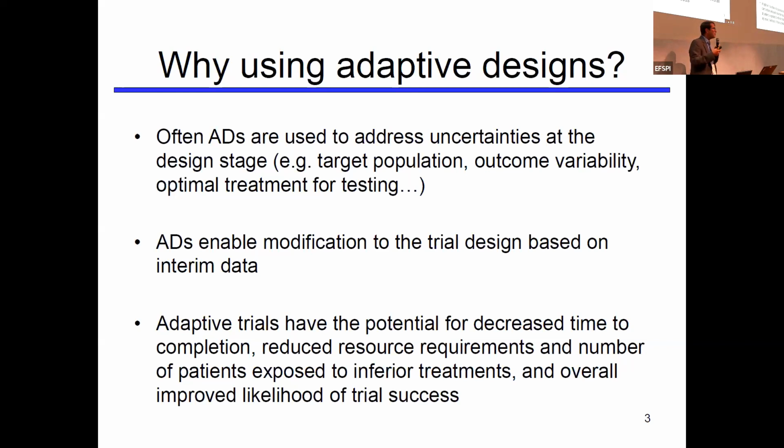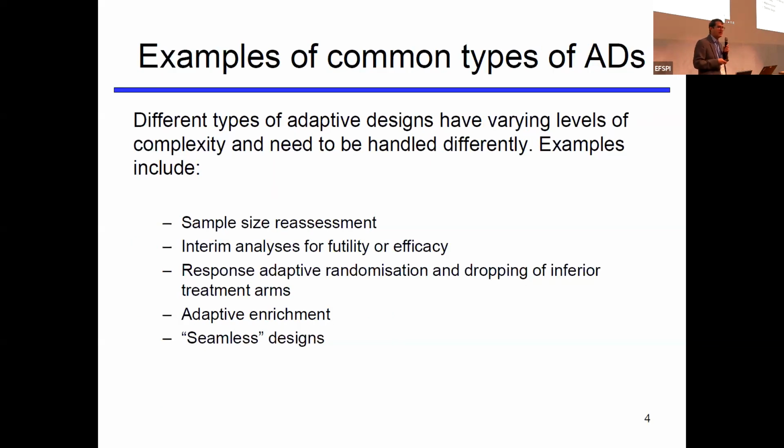So they provide more flexibility and can, by that, really decrease time to completion, reduce resource requirements, but also just increase the likelihood of success when we can adapt through the conduct of the trial.